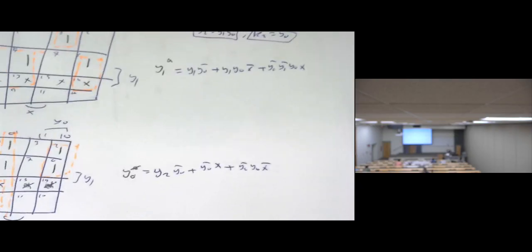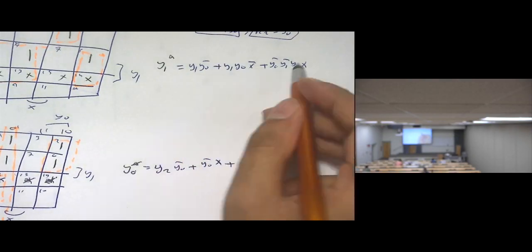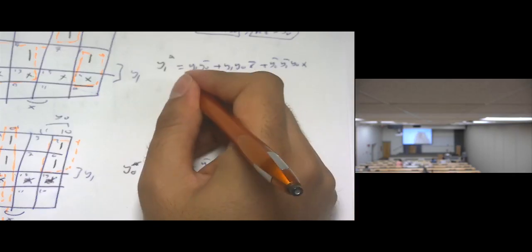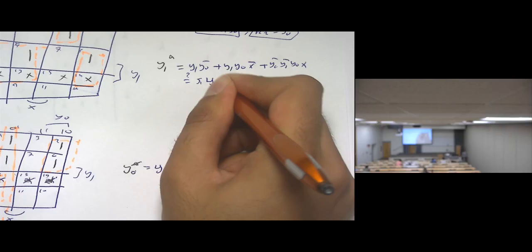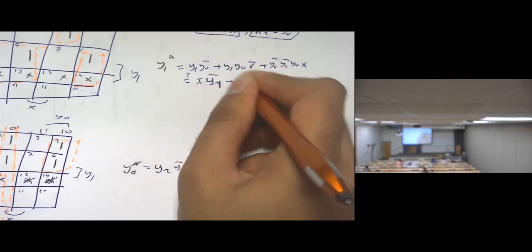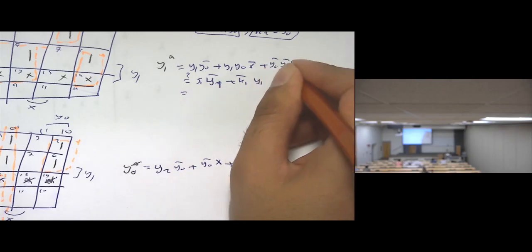How about this one? Here is y1 and this is y1 bar. So it's already ready in the flip-flop form, which is j1 y1 bar plus k1 bar y1. So where is y1 bar here?